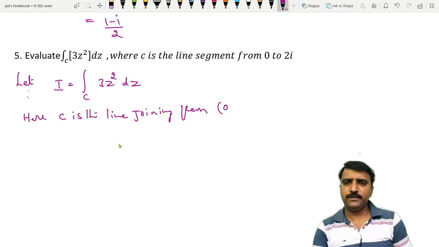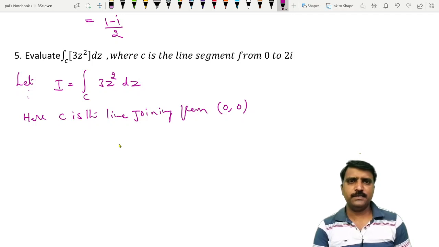You can write in ordered pairs: 0 means the origin, z is equal to 0, that is 0 plus 0i. And z is equal to 2i: here the real coordinate is 0 and the imaginary coordinate, that is y, is 2 in this case.